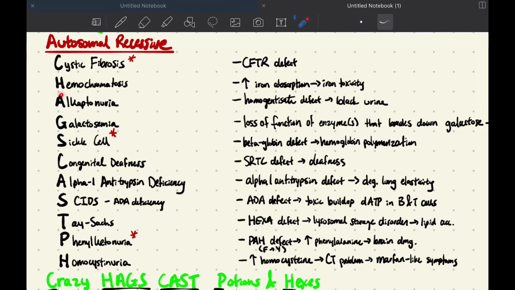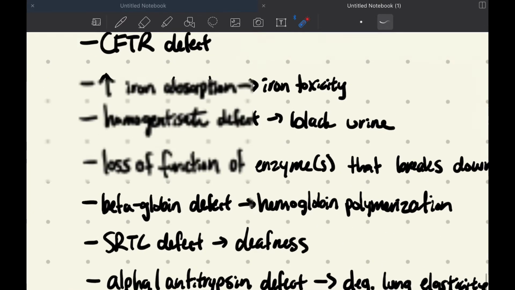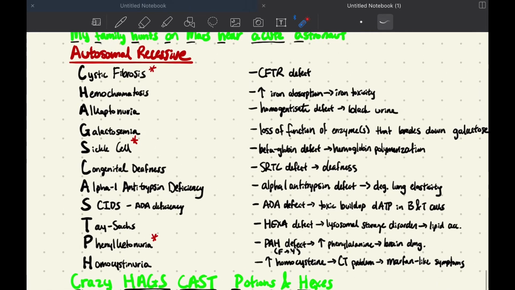The H in HAG stands for hemochromatosis. That is an increase of iron absorption, which leads to iron toxicity because iron is a metal and we don't need too much of that in our bodies. Now, females actually have a lower likelihood of showing severe symptoms due to iron absorption because of their menstrual cycle and things like that.